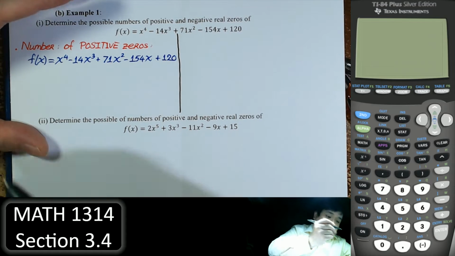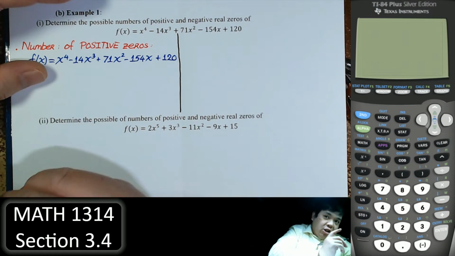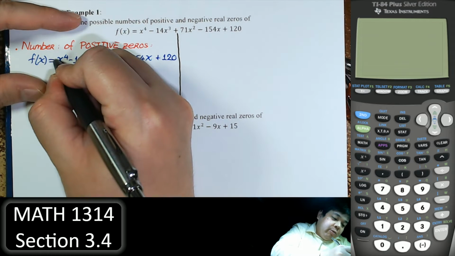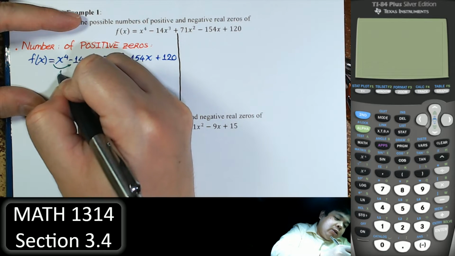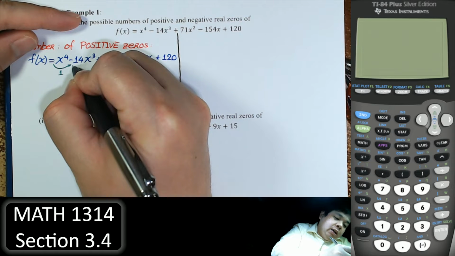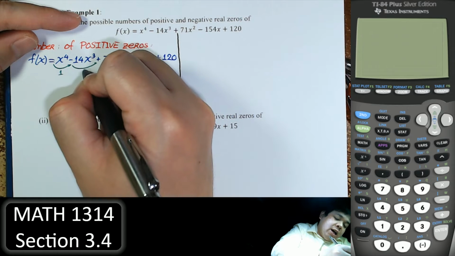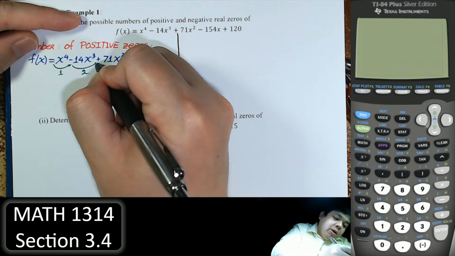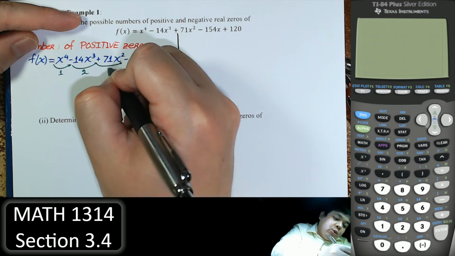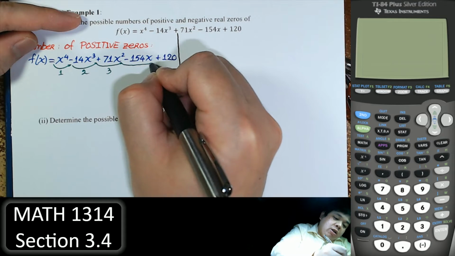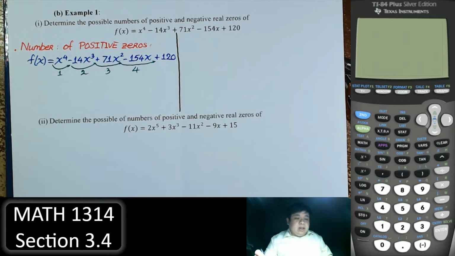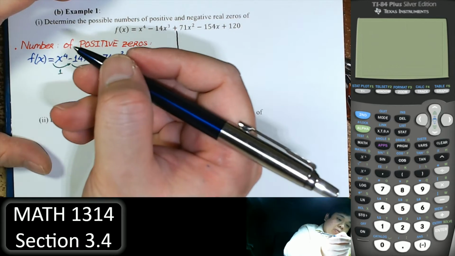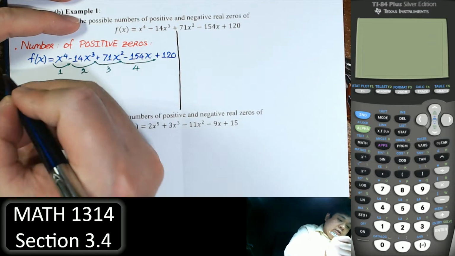Now count the sign changes, meaning the sign of the coefficient changes. From plus 1 to minus 1, that's 1. Minus to plus, that's 2. Plus to minus, that's 3. Minus to plus, 4.